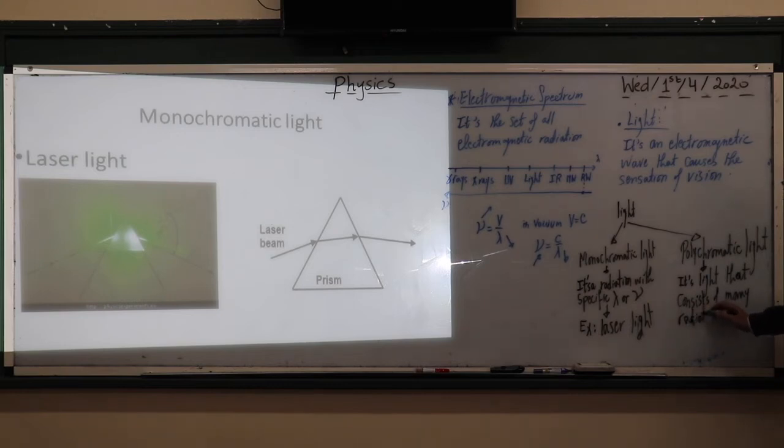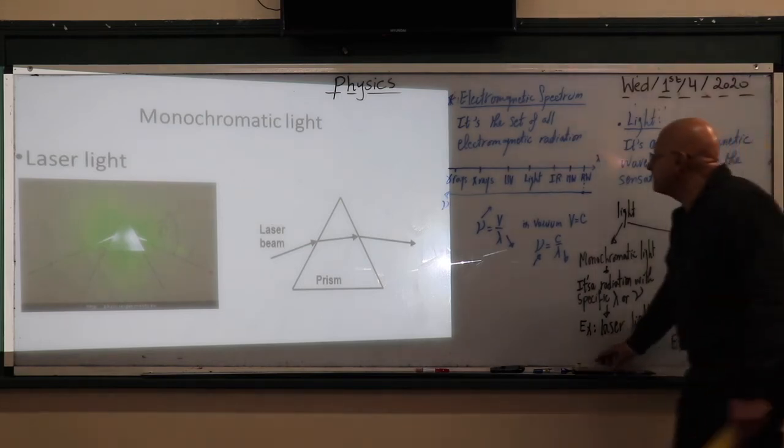An example is the white light. White light is an example of polychromatic light, and it is the most important light here because all the light around us coming from the sun is called white light. So I am going to talk about white light.